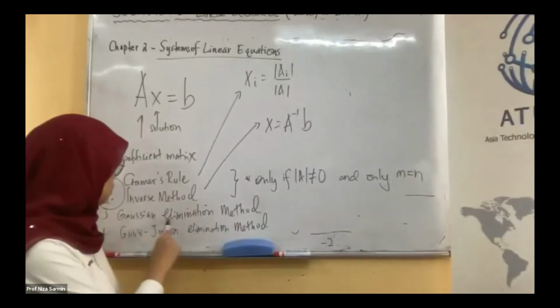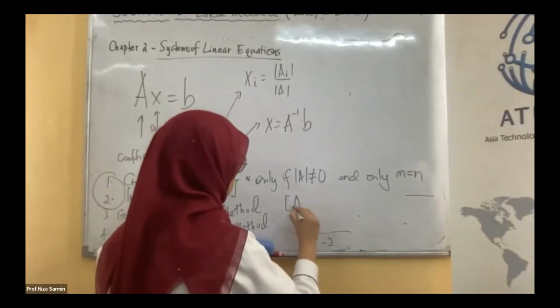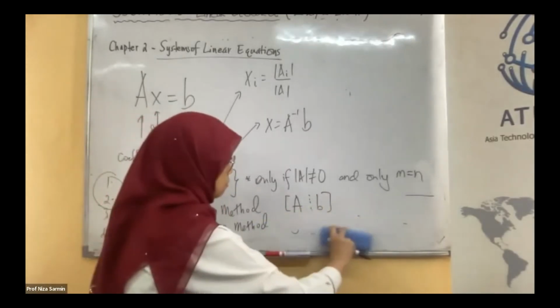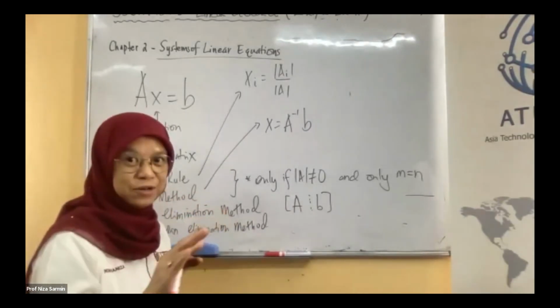Okay, what about this method? This method says you have A and then you put B instead of, before we use inverse, right?